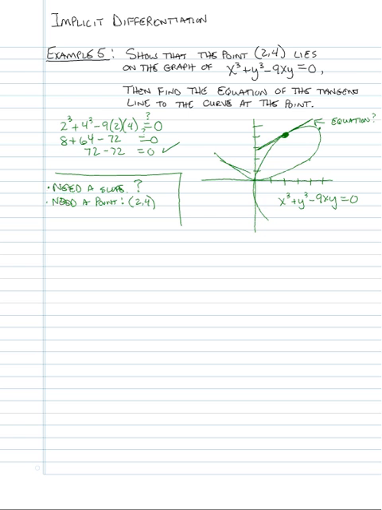And to find the slope, what we need to do is to find the derivative. That's how we find slopes. And then we need to evaluate that derivative, maybe not just at the x value of 2, but at the point (2, 4), because we may have a y value in the derivative as well. So that's what we've got to do for our work, and then we'll put those together and get the equation of the line.